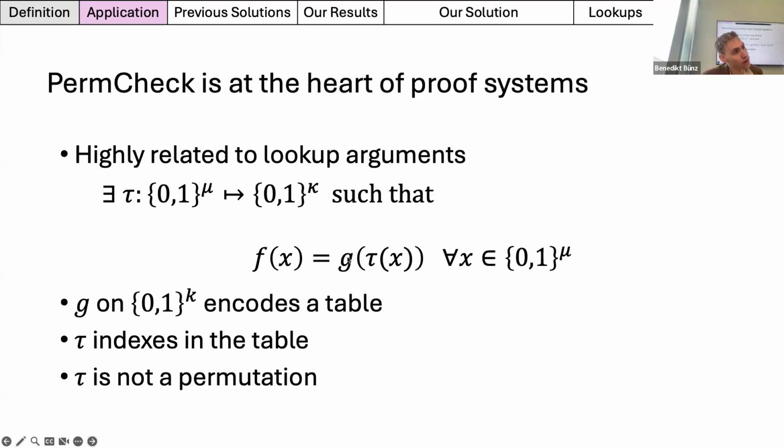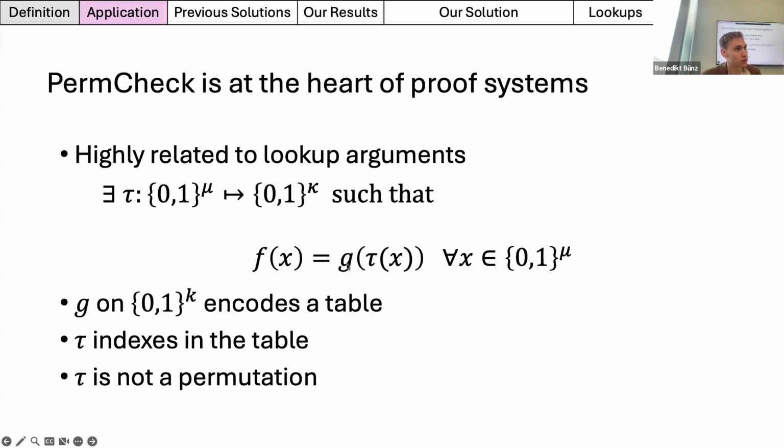This permutation check can be done using lookup. I was wondering if you replace this permutation check with the memory checking in the lookups. No, I'm saying that lookups look like a permutation check. But they're not quite a permutation check. This is a lookup argument.